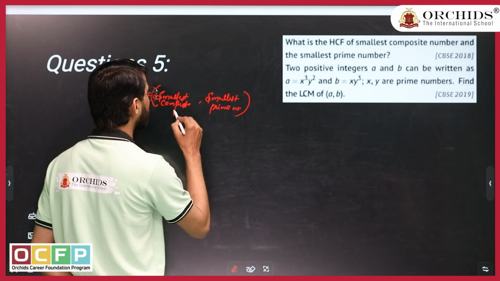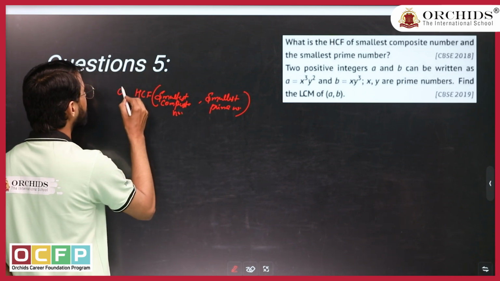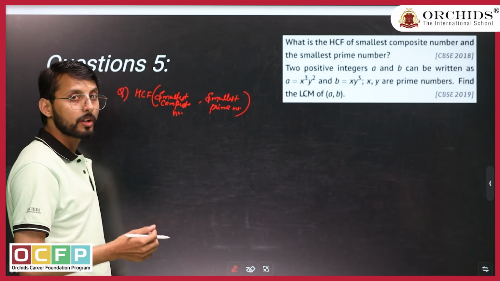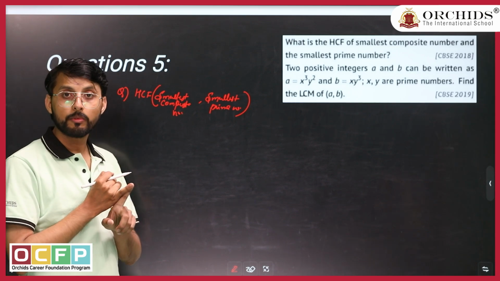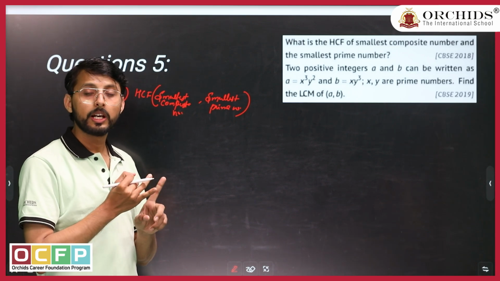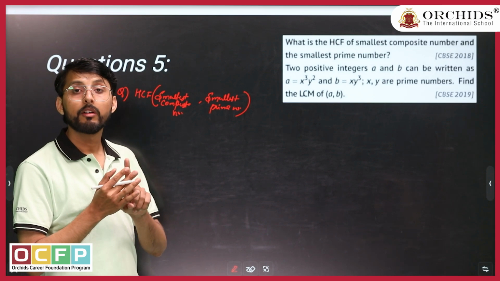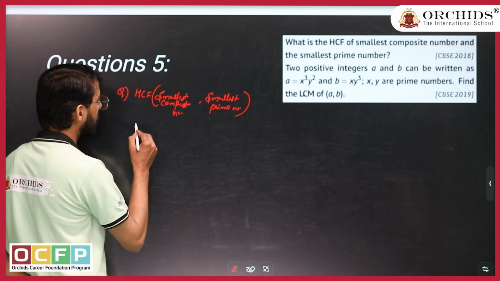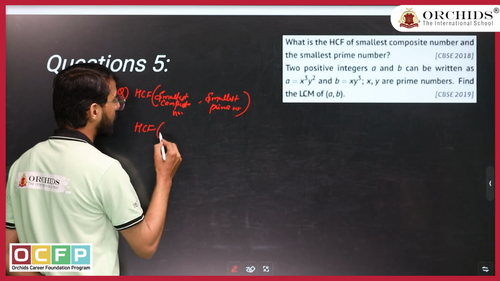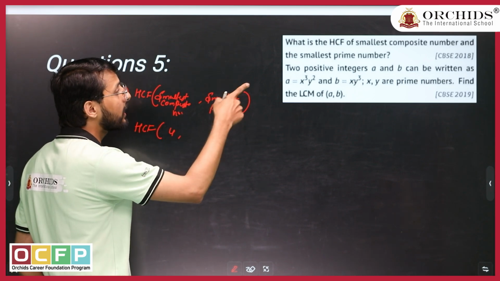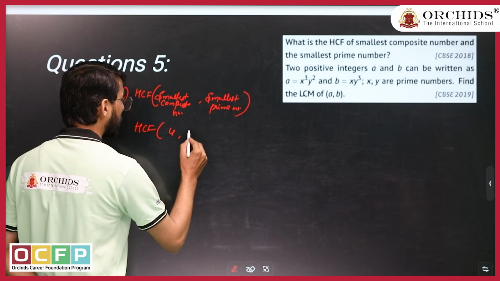First of all we should know which one is the smallest composite number. Just now we got 1 is not a prime, 1 is not a composite, 1 is a unique, 2 is a prime, 3 is a prime, 4 is a composite. So the smallest composite number is 4. And the smallest prime, 2 was the smallest prime.